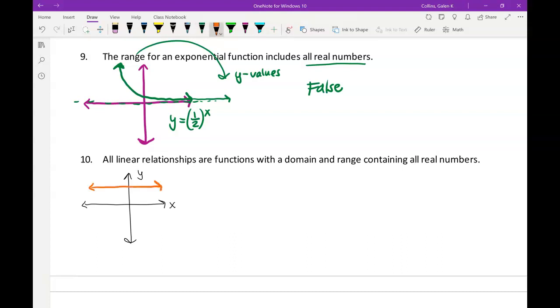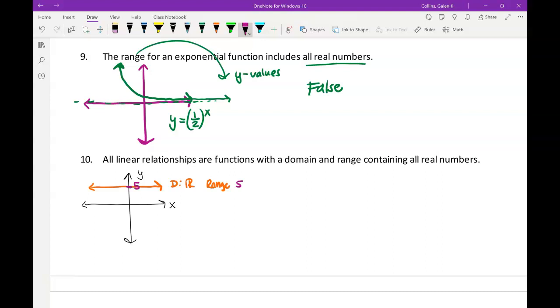So a linear function that's constant. The domain for that function would be all real numbers, but the range for that function would just be whatever value that function goes through. Let's say that this goes through the y-axis at where y is 5. The range would only be the number 5. That would be the only output.